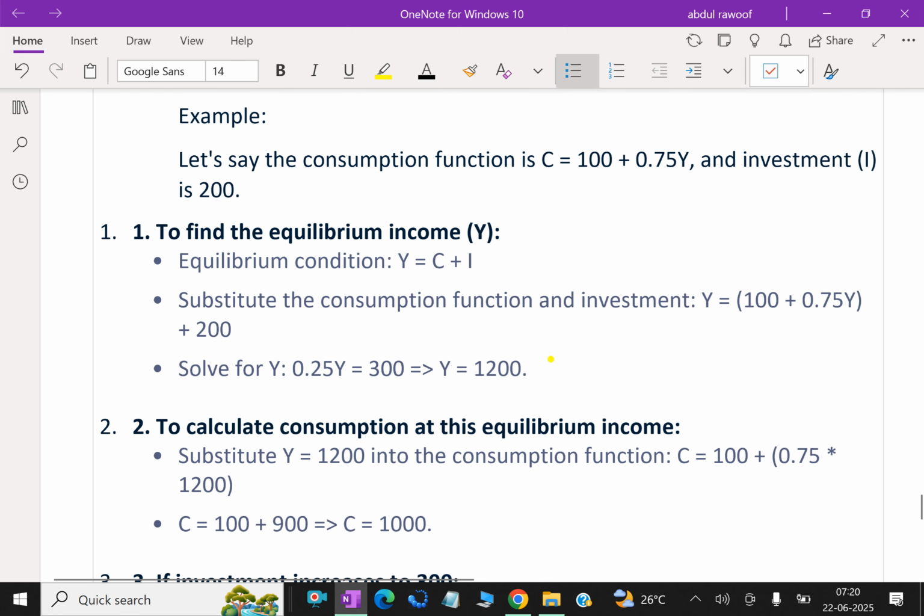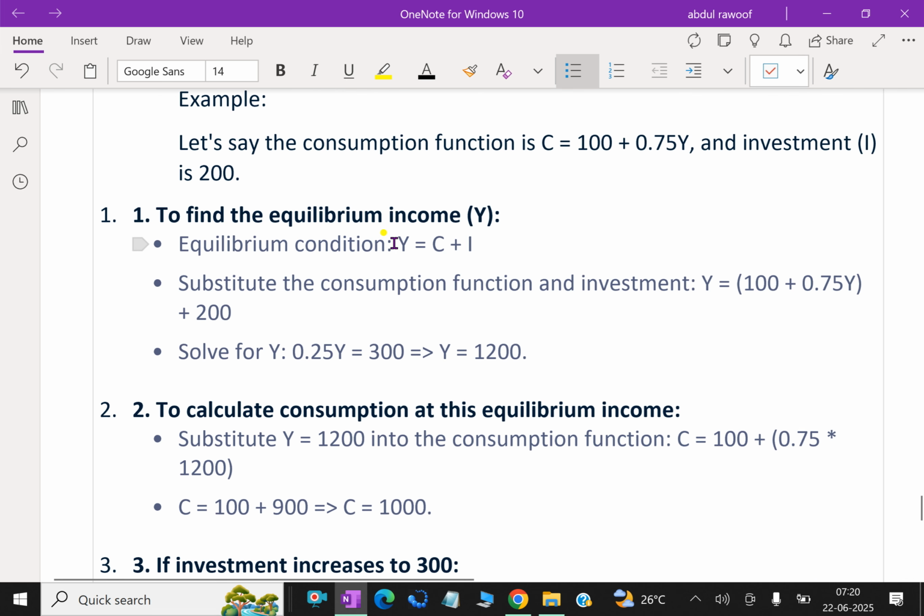Look at this example. Let's say the consumption function is C equals 100 plus 0.75Y and investment I is 200. To find the equilibrium income Y, we have to equate Y equals C plus I.